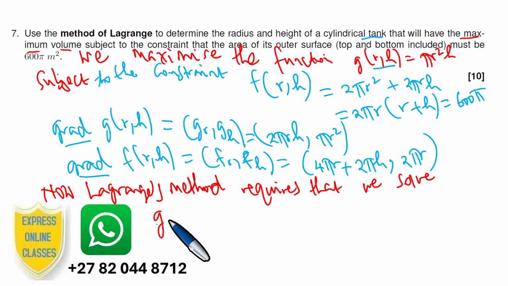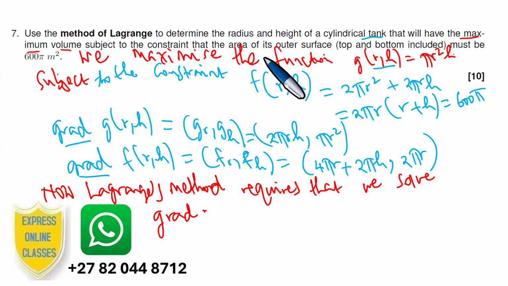By the method of Lagrange, you need to solve the gradient. F is a constraint, which means that we want to find the maximum volume subject to the constraint.